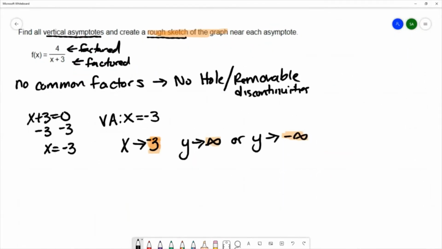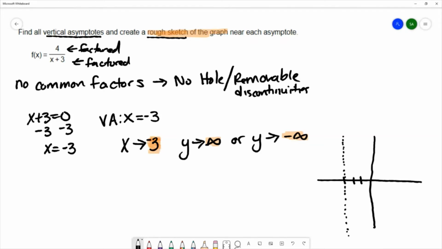So as I start to sketch, my vertical asymptote is at -3, so I'm going to draw a vertical dashed line to represent the location of that vertical asymptote. And then I need to figure out what is happening on either side.